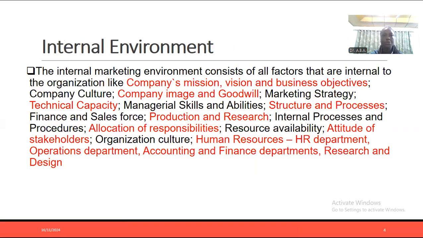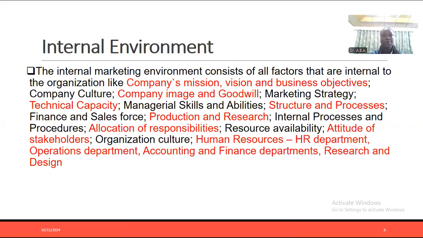The internal environment consists of all the factors within the organization or within its control. We can consider the company's mission, vision, and the objectives it has set for itself, which can be changed at any time depending on the strategy of the business.